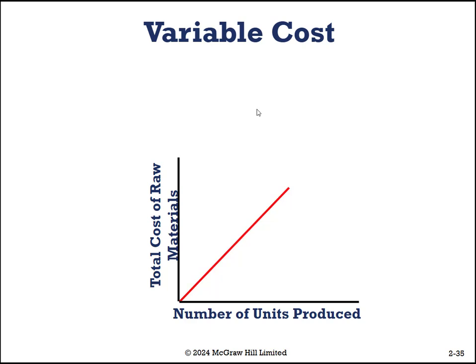Our variable costs increase as the number of units produced increase. In other words, it's a cost whose total dollar number varies in direct proportion to the changes in the activity level. The total cost of raw materials is based on the number of units produced.